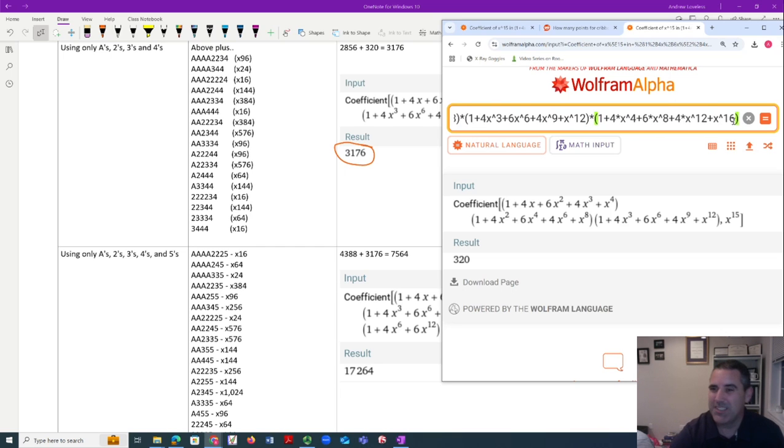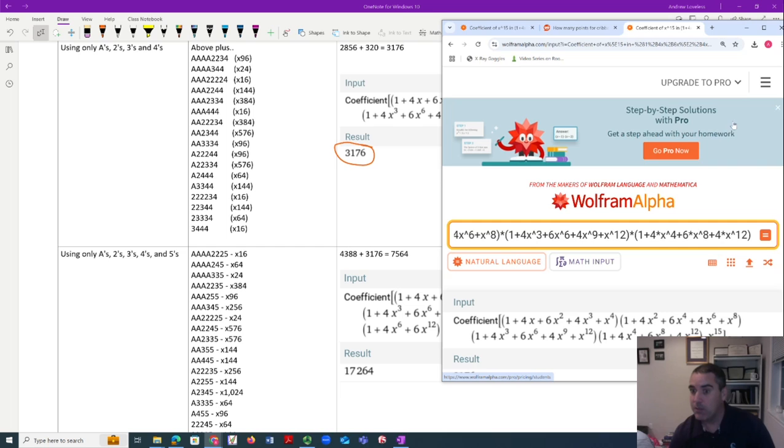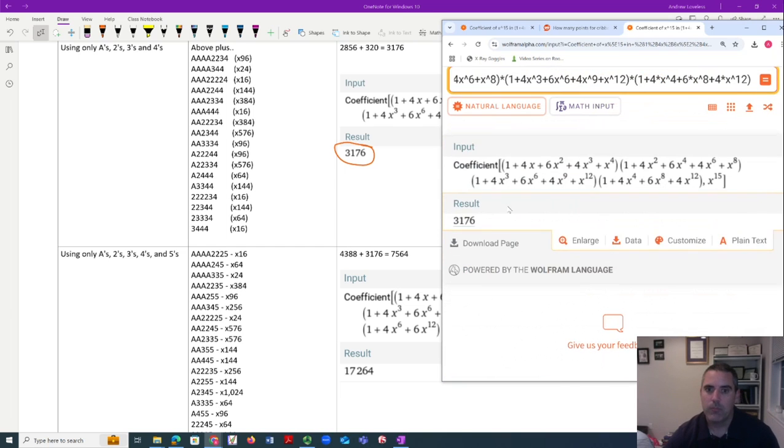Now I don't really need to put x to the 16th if I'm counting 15s, because there's no way an x to the 16th is going to be multiplied to give me an x to the 15th. 3,176. Okay, let's keep going. I meant to copy and paste the next one in, but let's do 1 plus 4 times x to the 5.